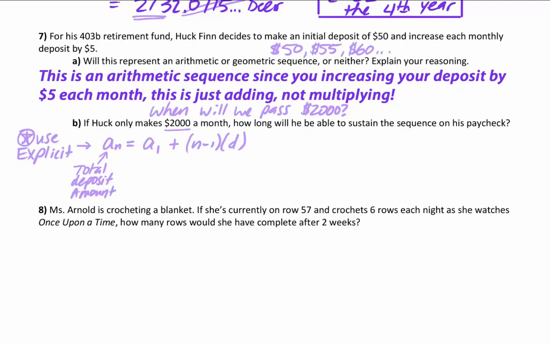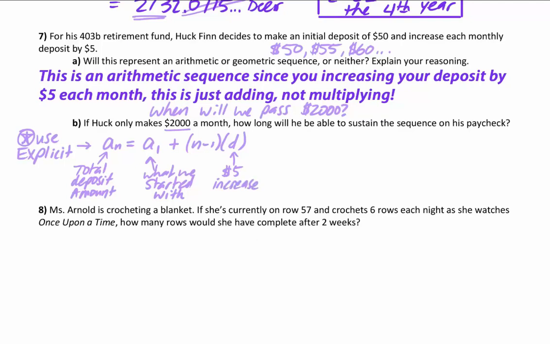Every month he adds a little bit more, saves a little bit more. A1, obviously, is what we started with. And then d, this is the $5 that we increase each time we are depositing money into our bank account.